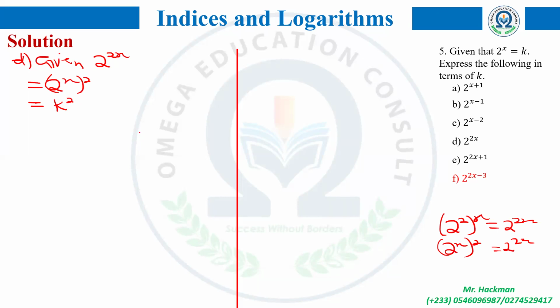Is that clear? So we end up getting, therefore, 2 to the power 2x in terms of k will be what? K squared, small k squared. Very good. All right.